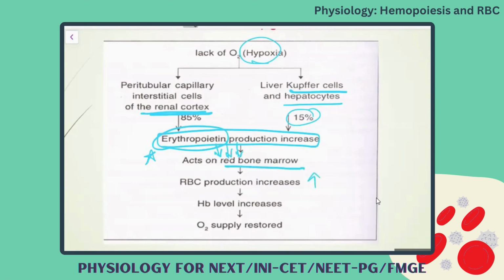RBC production is increased, hemoglobin level is increased, the oxygen is restored back. This is in case of hypoxia. Okay, the hypoxia may be of whatever cause. This is how it is regulating. This is one of the negative feedback mechanism. Hypoxia is decrease of oxygen, and this decrease of oxygen is giving positive signal.